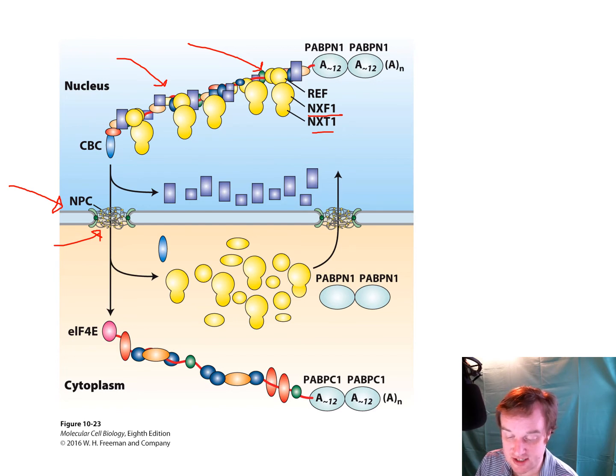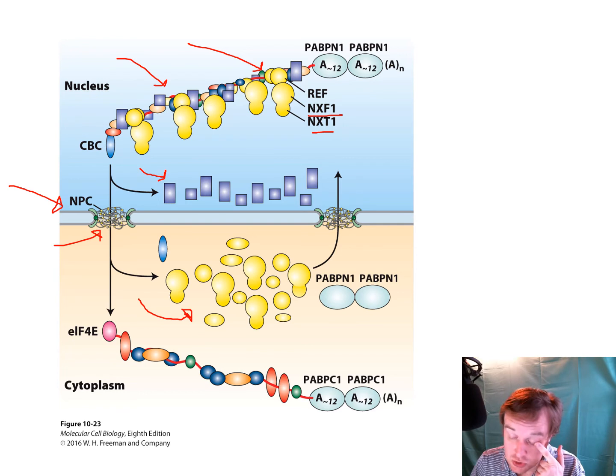They're just there to bring the whole complex to the nuclear pore, but they never leave the nucleus. And some of them, such as NXF1, NXT1, and REF, dissociate once they've completed the job and moved that RNA to the cytoplasm.